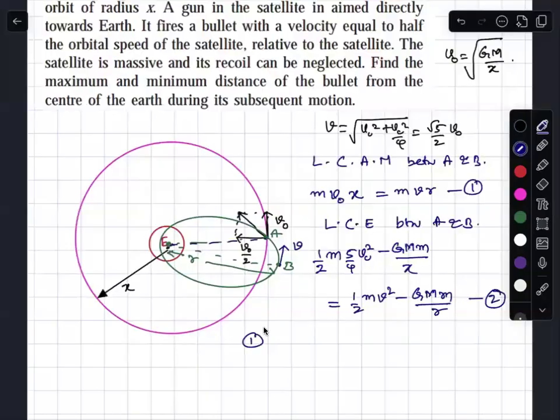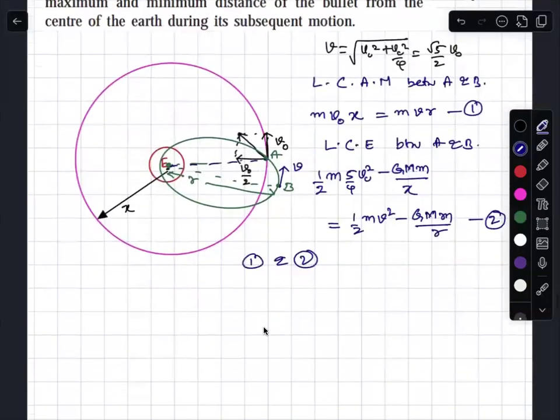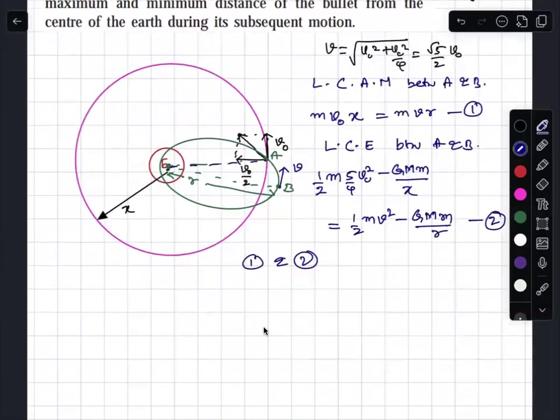Again, from equation 1 and equation 2, you will get a quadratic equation. And that equation will be of this form: 3r square minus 8rx plus 4x square. Tell me, do you find any difference between the previous question and this?